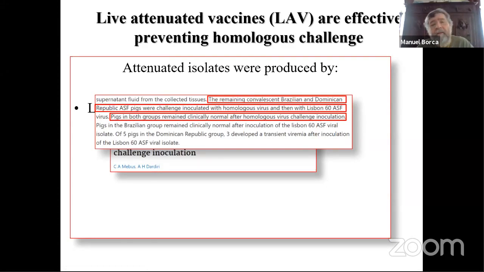Studies like that have been done for a while, and from these experiments, two or three different viruses, all natural isolates, started being used as models to study the production of protection and the mechanisms of induction of immunity in African swine fever.